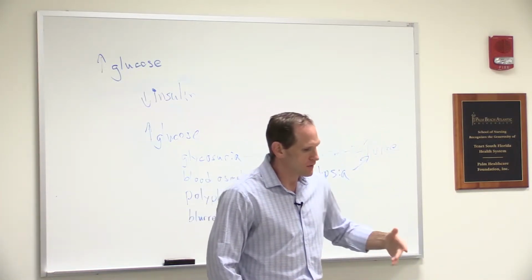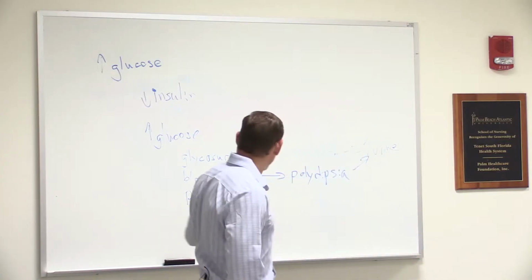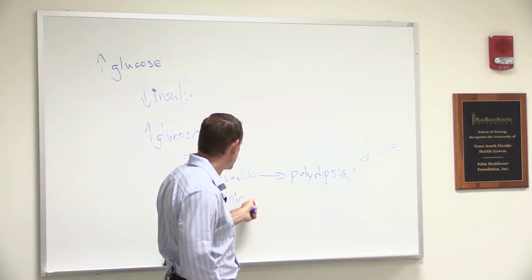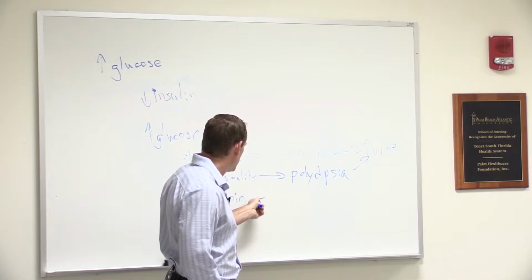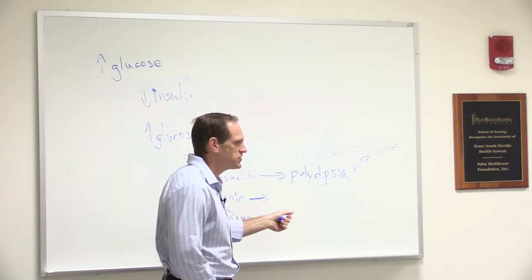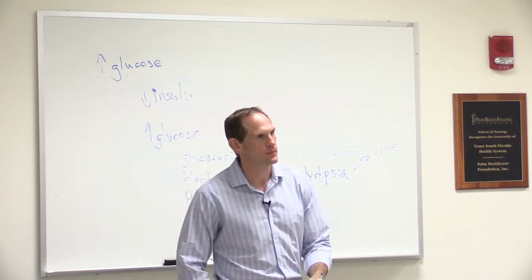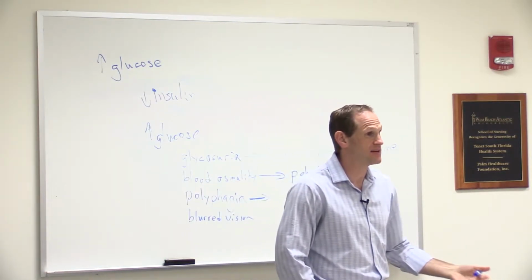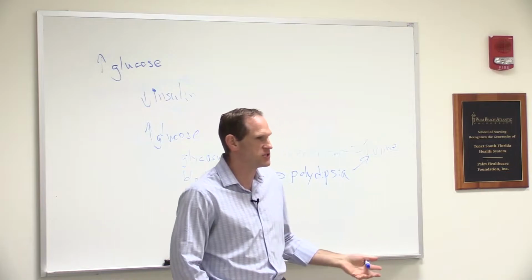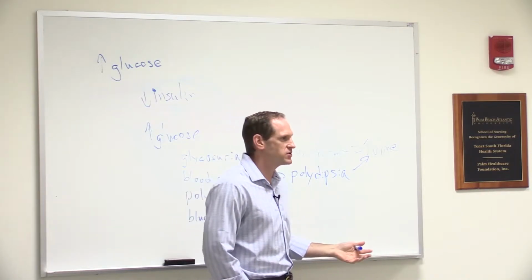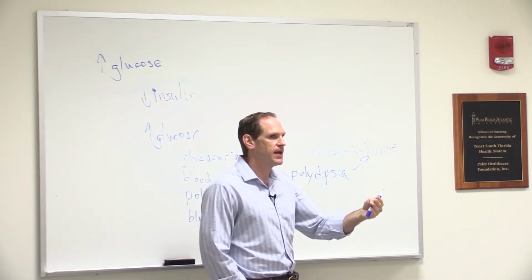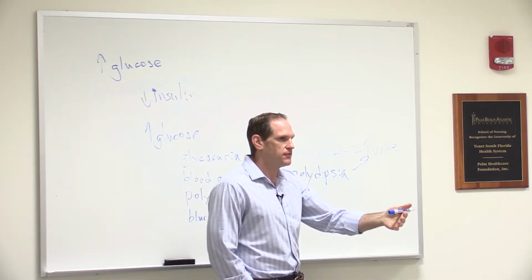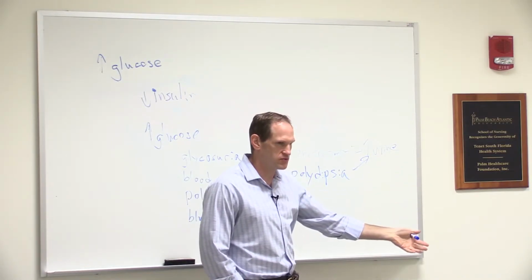Now, if a person is in this polyphagia stage where their cells are starving, they can't get any glucose, eventually what's going to happen? If you can't use the glucose for energy, your body's got to come up with some other form of energy to use, right? Mm-hmm. So it's going to start to use fat as an energy source for things that ordinarily wouldn't be used for.